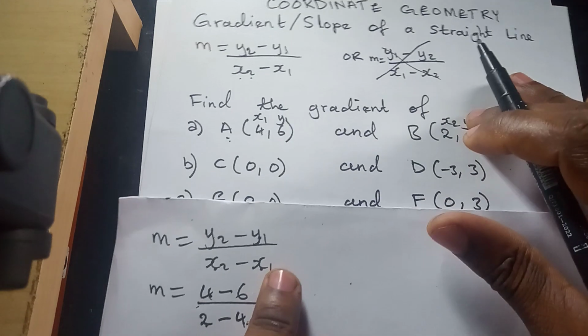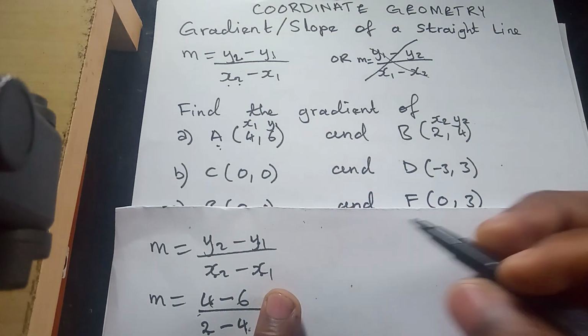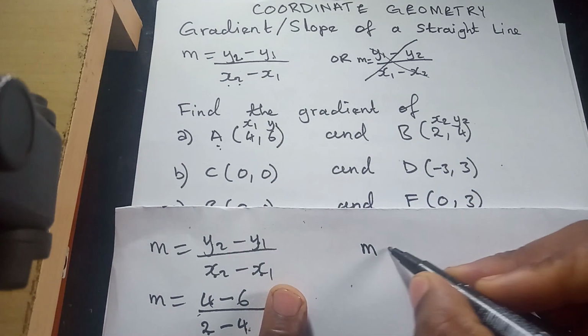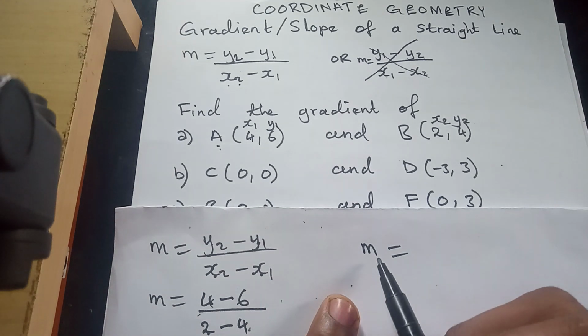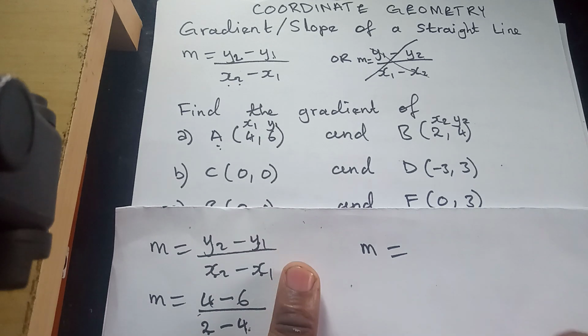And then on part B, we have something which is even easier. Let's find the gradient between C and D. By the way, we use the symbol m to represent the gradient.